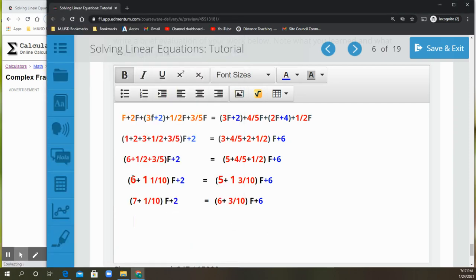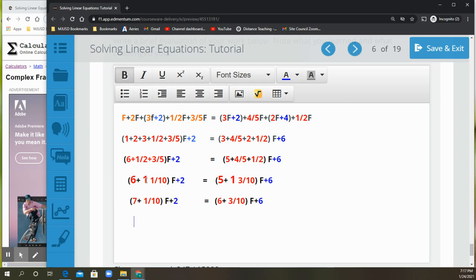Okay, so we've taken our 6 and 1 and 1/10, and we've combined it to make 7 and 1/10 multiplied by f plus 2 equals. We've taken our 5 and 1/3 and combined that to be 6 and 3/10 multiplied by f plus 6.